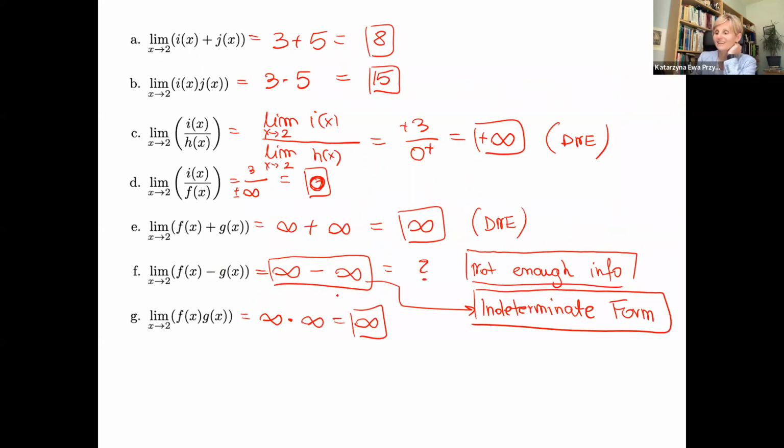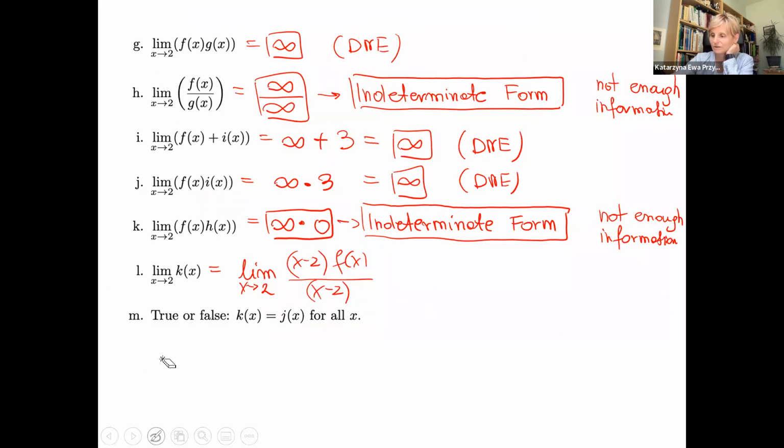Now let me check j of x. That's how function k of x was defined. Okay, j of x, product. When we substitute 2, we will actually get our favorite limit, 0 over 0.